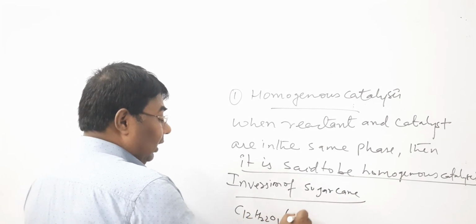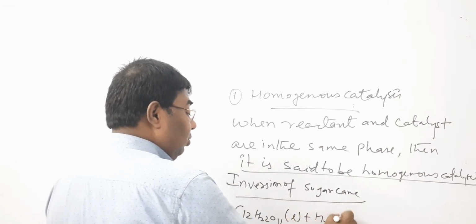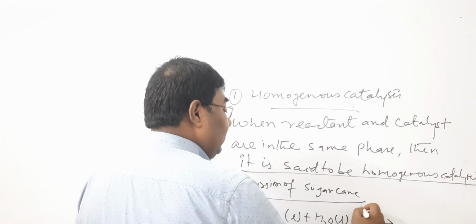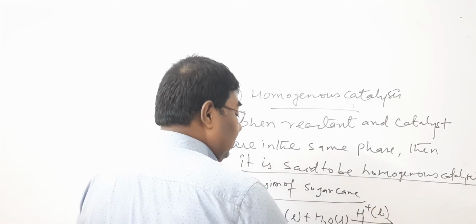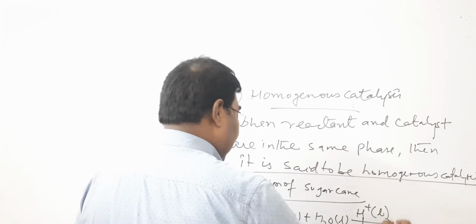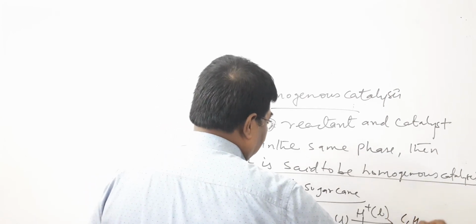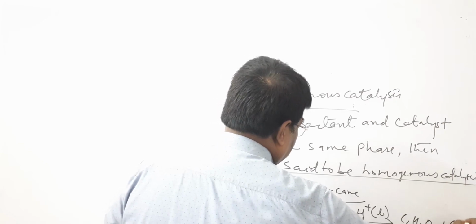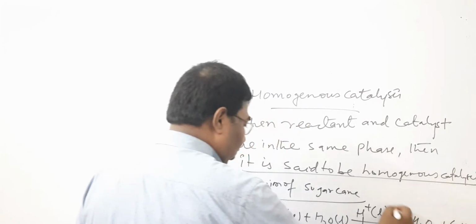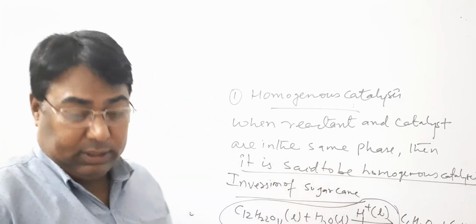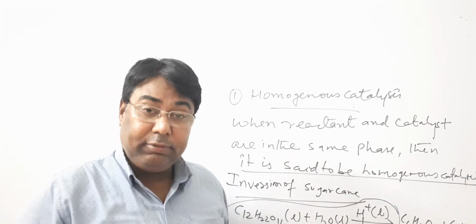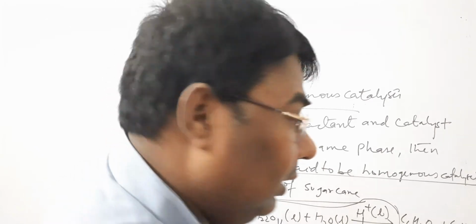C12H22O11 in the liquid phase, water also in the liquid phase, and the acid used as a catalyst are in the liquid phase. This is the catalyst, and it forms C6H12O6 plus C6H12O6. So all of you have seen that catalyst and reactant are both in the same phase, hence it is an example of homogeneous catalysis.